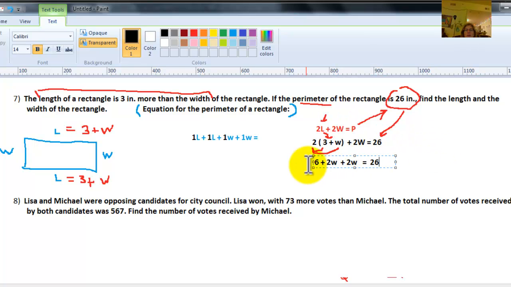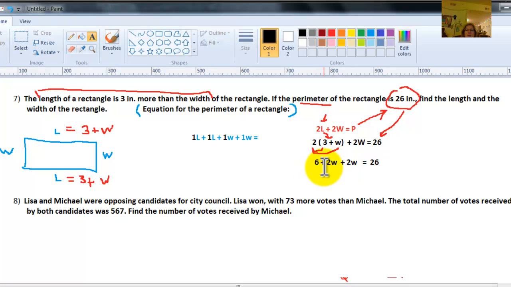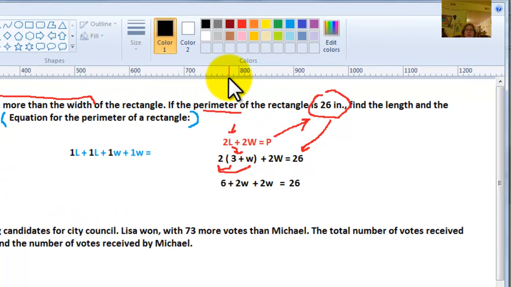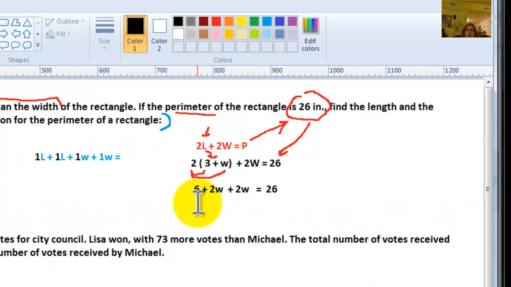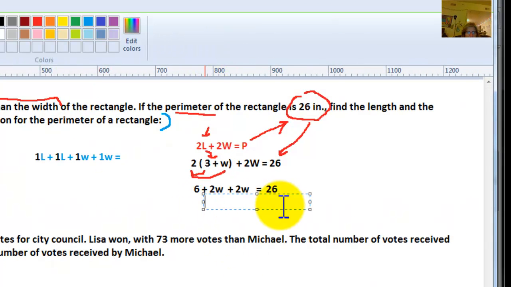So we can simplify this side of the equation right here. 2W plus 2W is then 4W. So we will have 6 plus 4W equals 26.